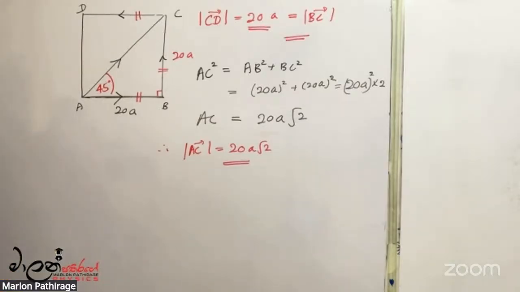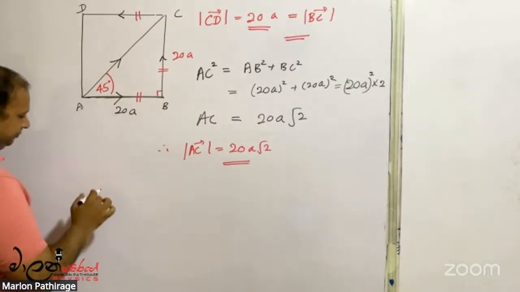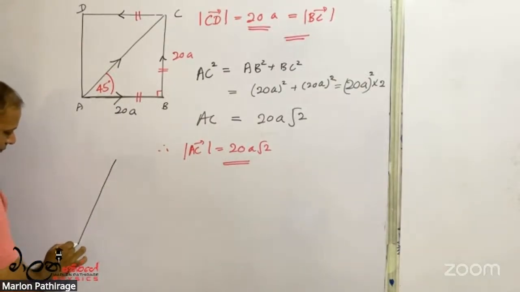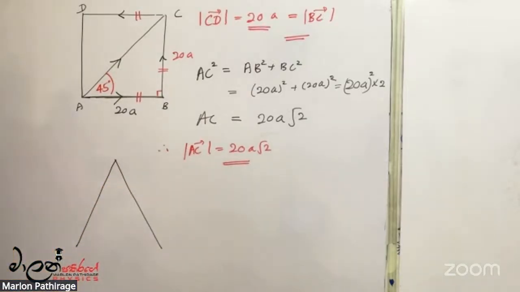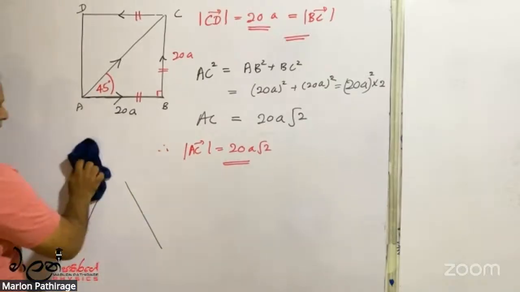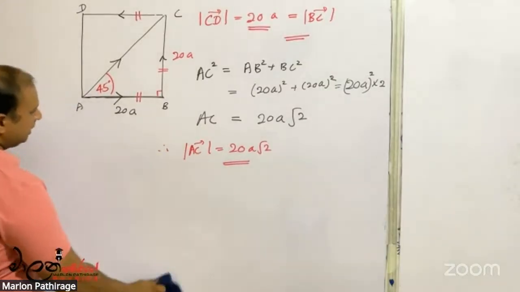Okay, the second one, you are given an equilateral triangle. Shall I erase this one?